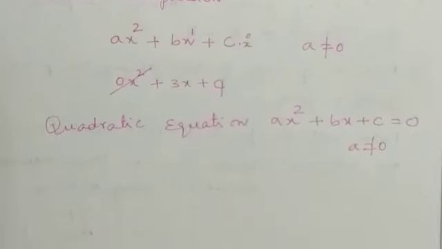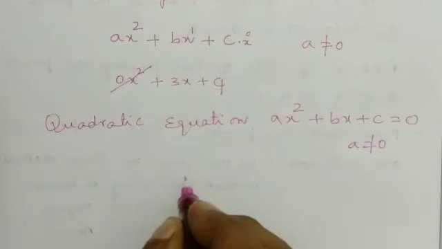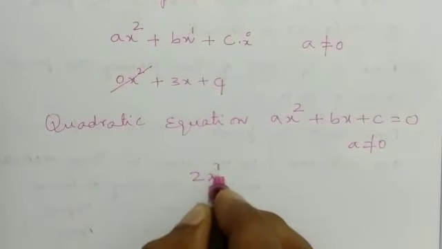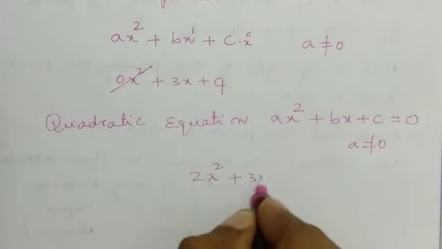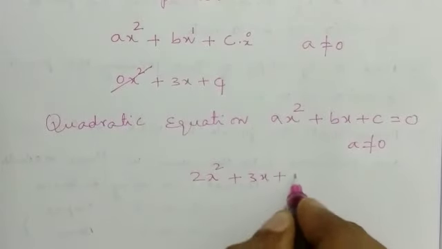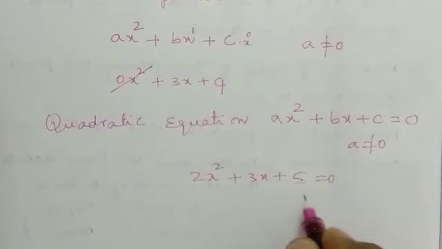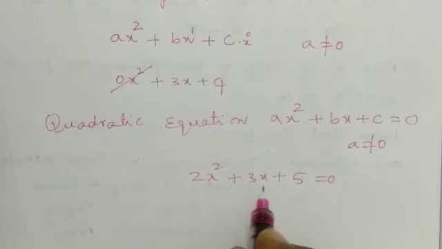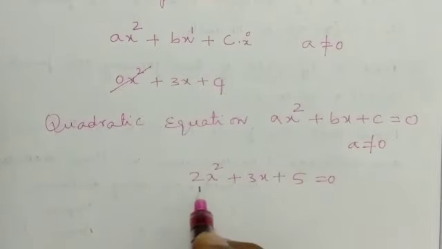Let us go with an example. 2x square plus 3x plus 5 equal to 0. This is a quadratic equation. What is a?